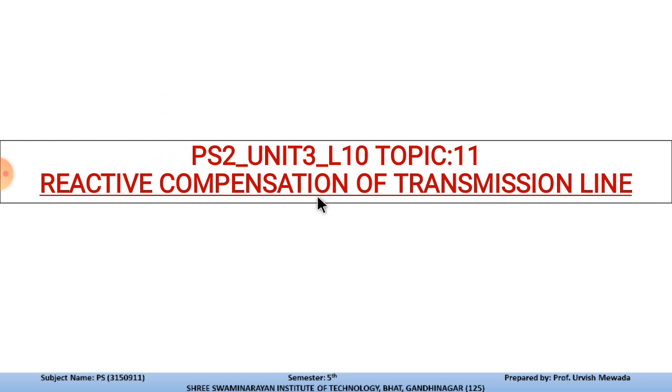So due to the line losses we need to give more input power or more input voltage, more charges we need to transfer from the sending end side to send our desired power at the receiving side. So we need to maintain the consumer demand.